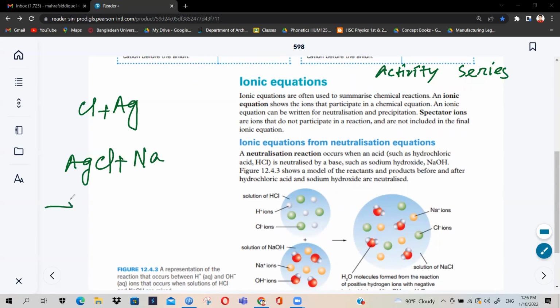Now sodium is more active than silver. That means that sodium can replace silver. So I will get NaCl plus Ag. Understand what I'm saying?